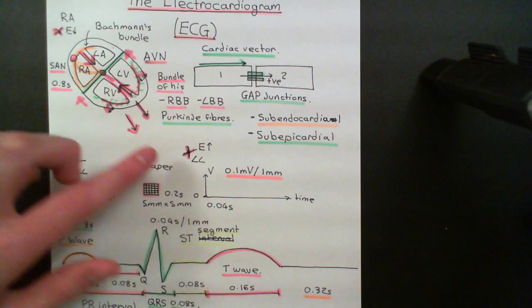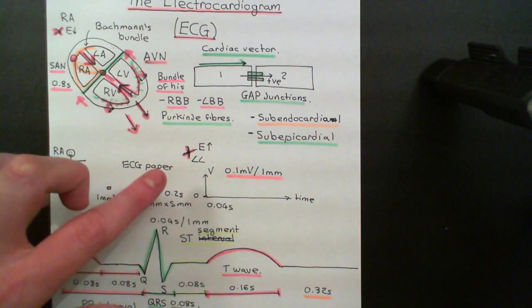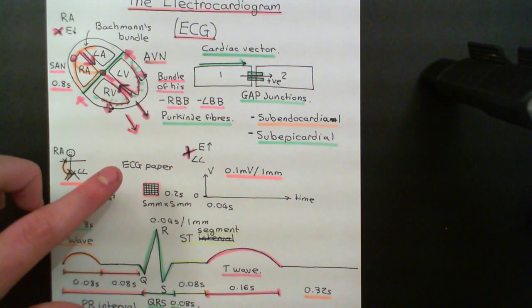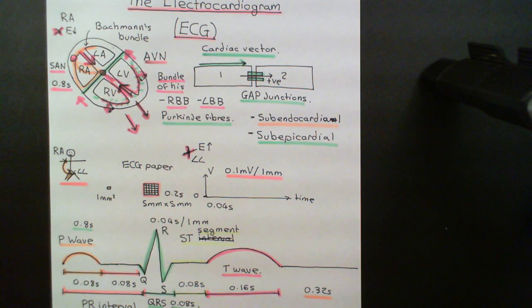Meanwhile we're moving positive charge towards the left leg, down towards the left leg. So electrical potential there will go up because we're moving positive charge towards it, and having positive charge in an area boosts the electrical potential there.